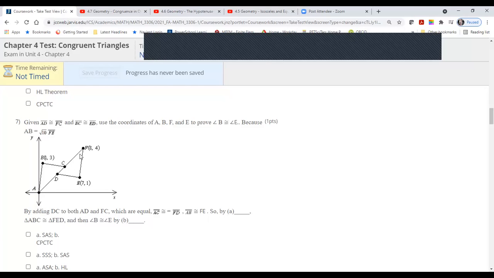AC equal to FD, and then, yeah, I think something is wrong here. So AB should be congruent with FE. Right?